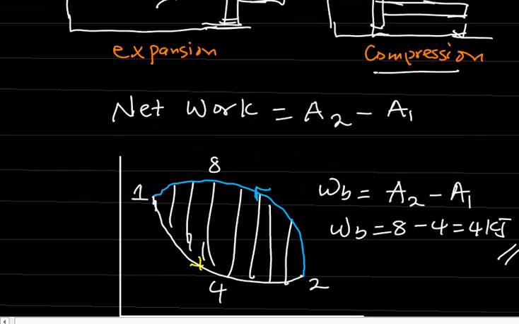So if we have a very simple graph, not a curve, because it is not easy to calculate the area of a curve, because a curve doesn't give you a specified shape. But a uniform work gives a specified shape.